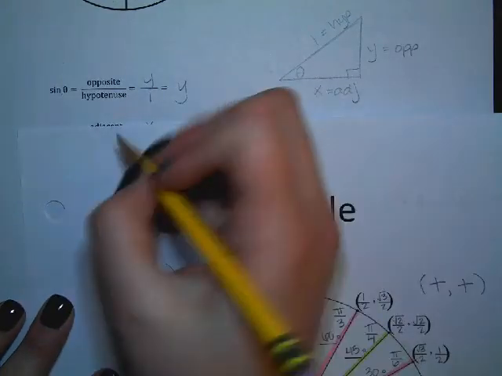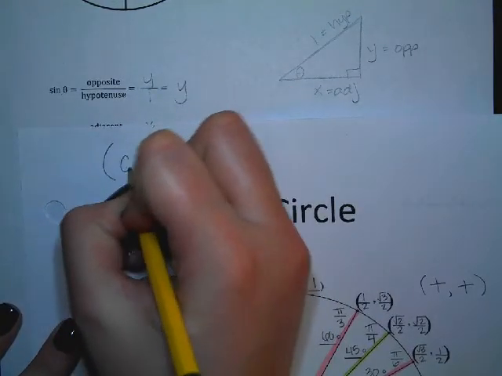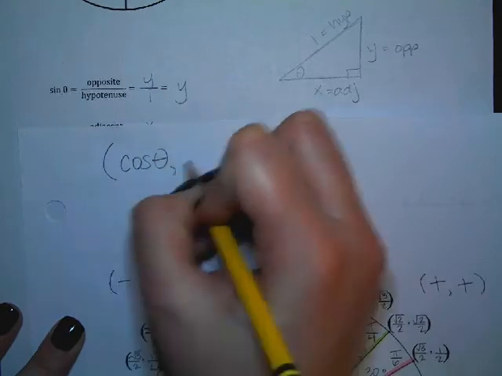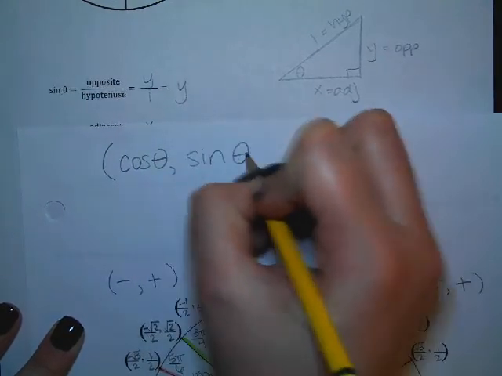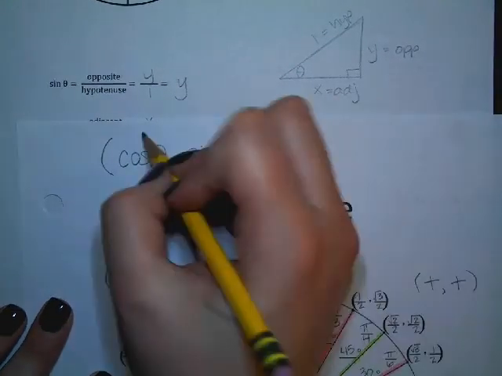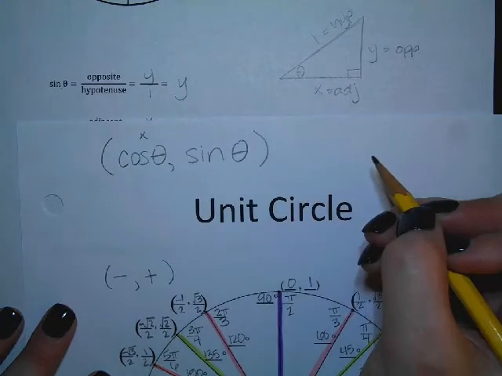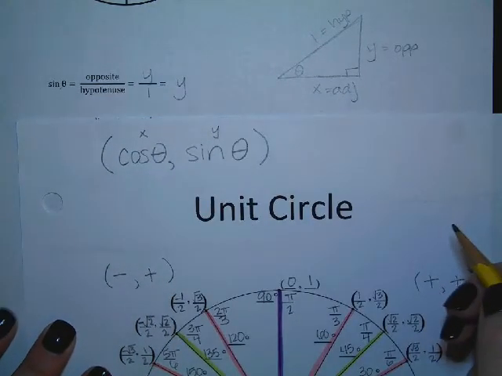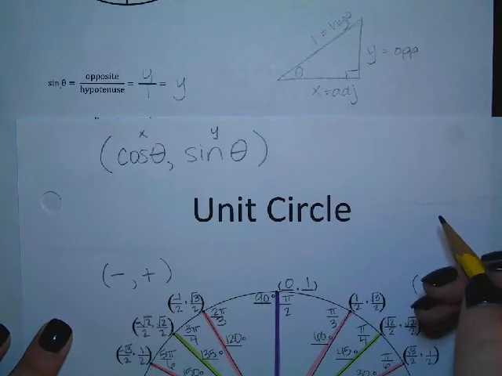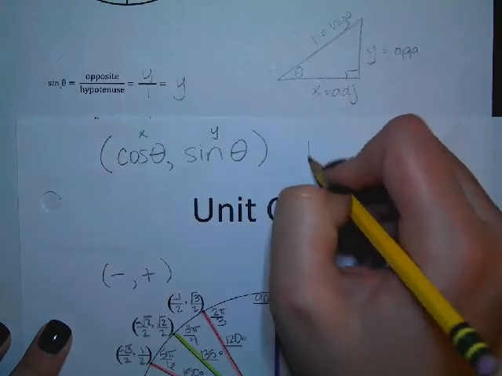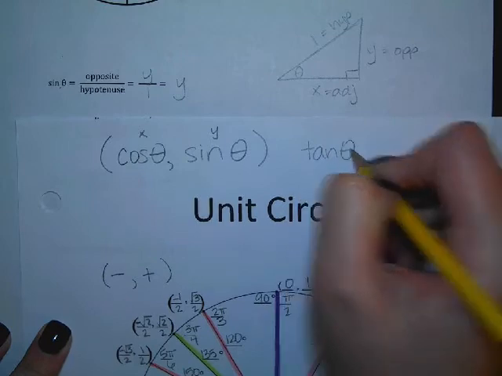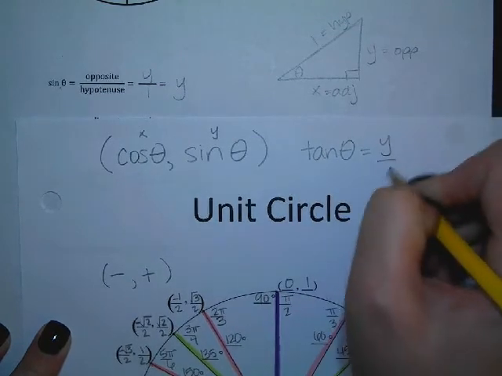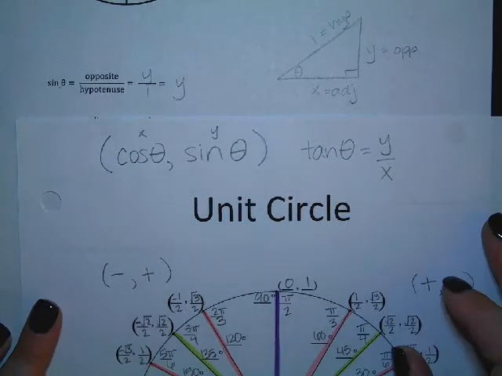I'm going to write cos theta, comma, sine theta, so that I know that my x corresponds to my cos value, and my y corresponds to my sine value. And then I'm going to go ahead and say that tan theta is y divided by x. I just want to have that on my sheet. It's going to make my life easier.